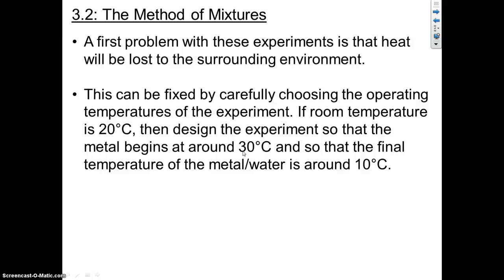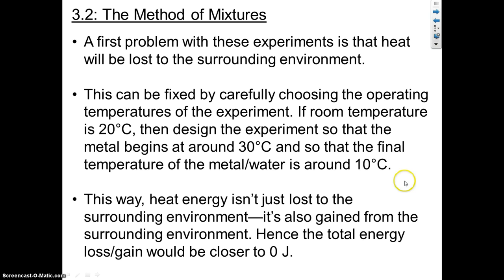Some will be lost to the environment, right, which hurts our experimental results. But then, as it makes the rest of its descent from 20 degrees down to its final 10 degrees, in that portion of its temperature decrease, it'll be colder than the external environment, so it'll absorb some heat from the external environment.